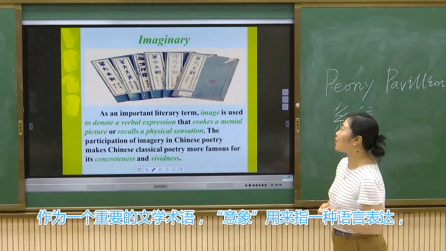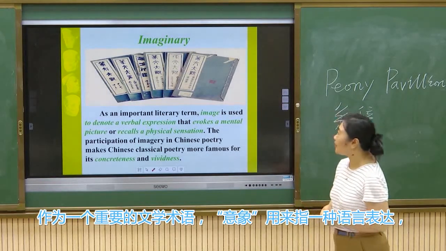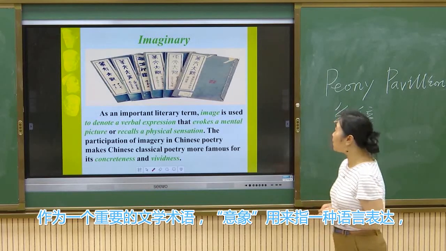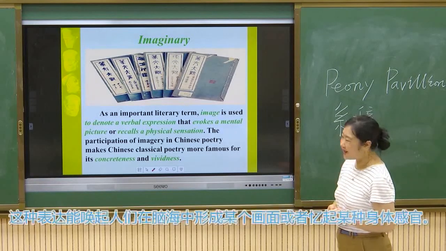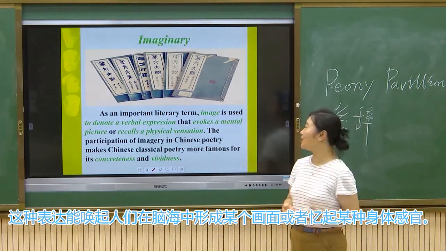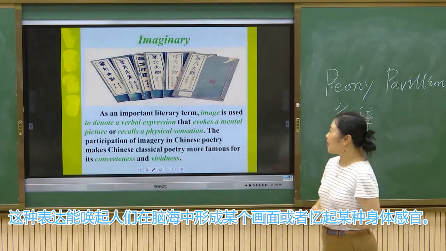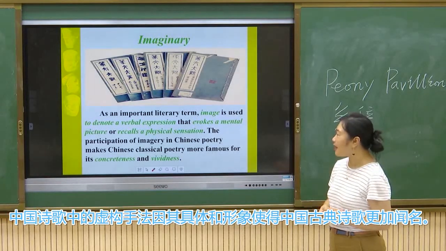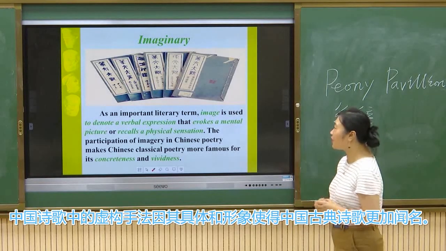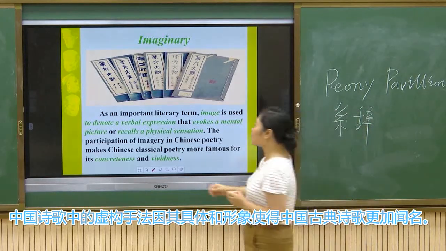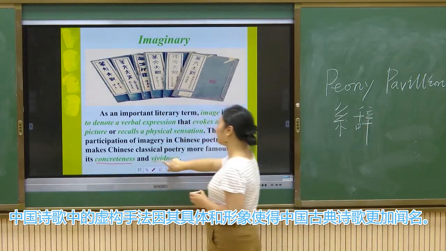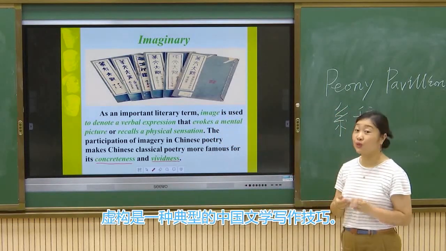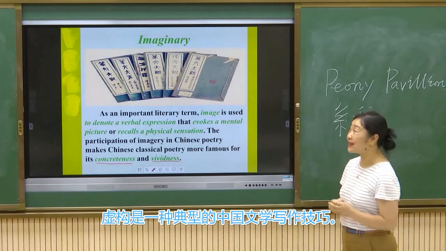As an important literary term, image is used to denote a verbal expression that evokes a mental picture or recalls a physical sensation. The participation of imagery in Chinese poetry makes Chinese classical poetry more famous for its concreteness and vividness. That is a typical Chinese writing technique.